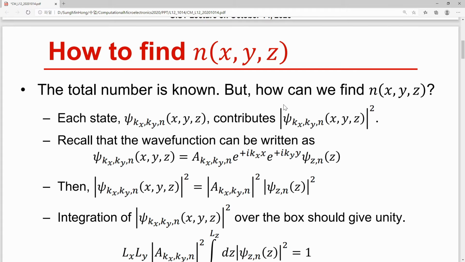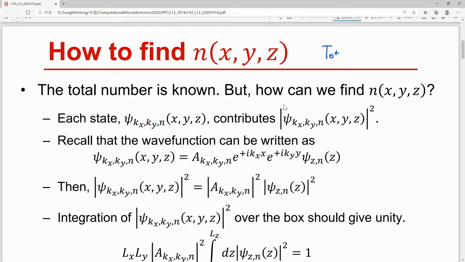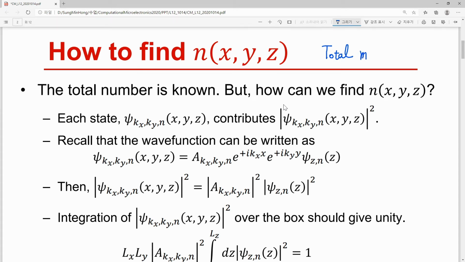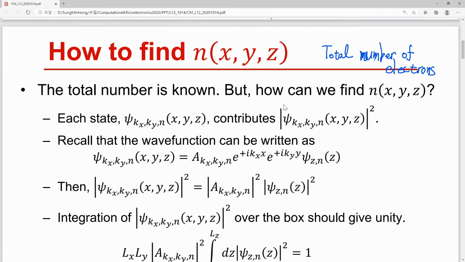In the previous lecture, we have calculated the total number of electrons. So we did calculate it.